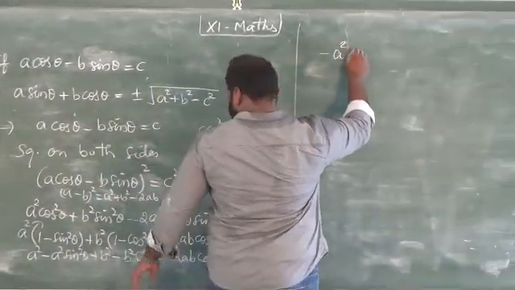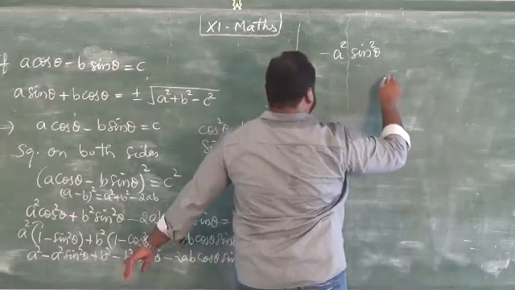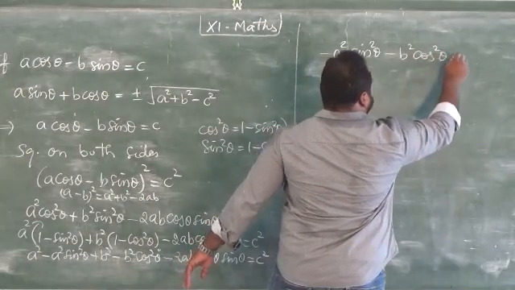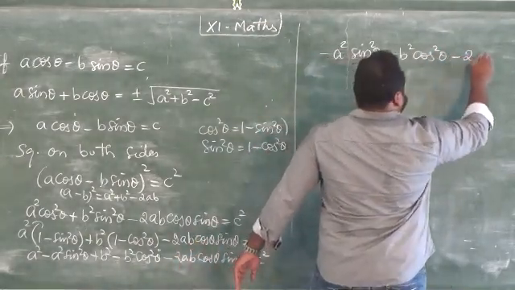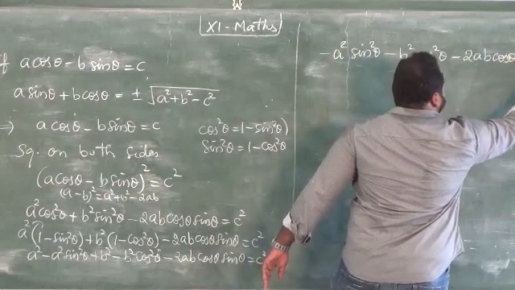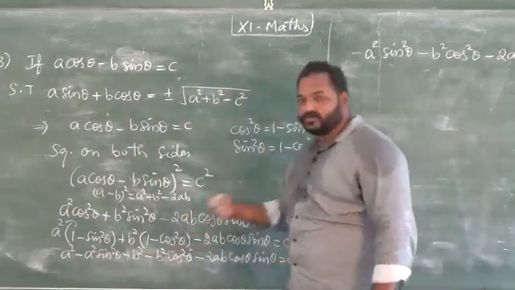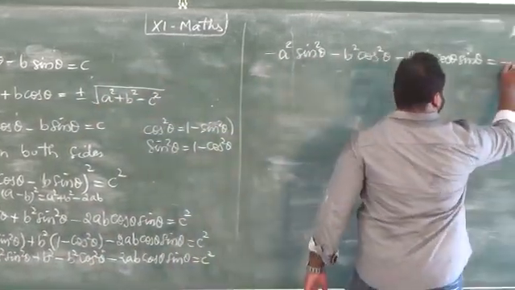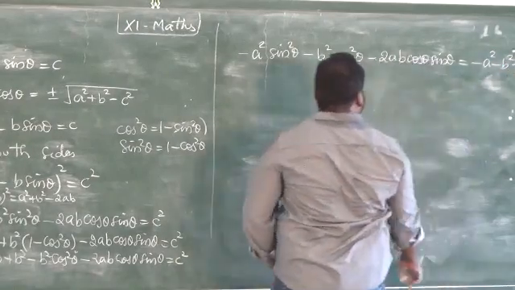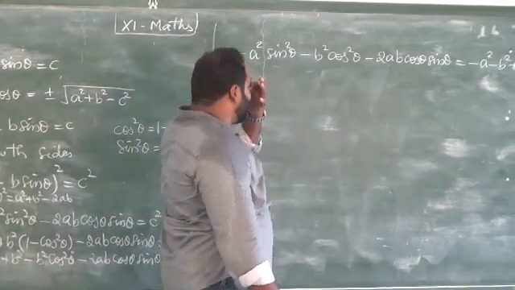So what will happen? Minus A square sin square theta, as usual minus B square cos square theta, minus 2AB cos theta sin theta equals, if I carry this A square and B square to this side, minus A square minus B square plus C square. Already C square is on the right hand side, so I just keep it as it is.